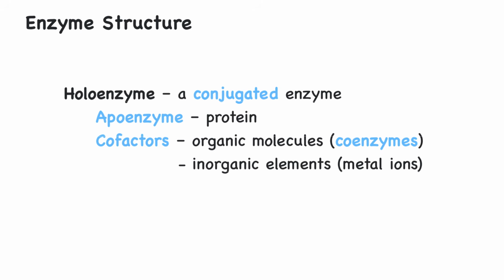Only when the appropriate cofactor is bound does the enzyme adopt the correct shape and chemical properties needed to catalyze a reaction. In this way, holoenzymes illustrate how enzyme activity depends not just on the protein itself, but also on the availability of essential helper molecules.